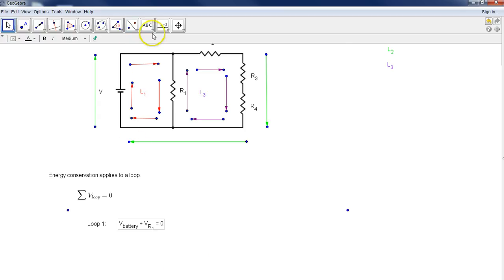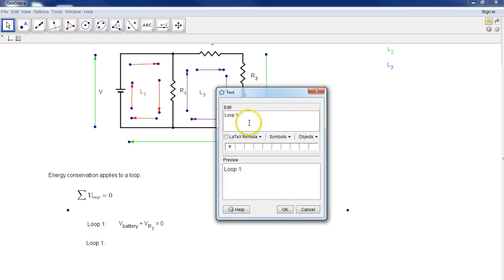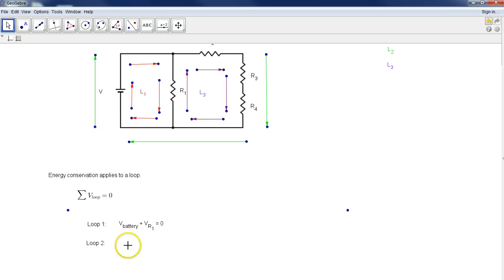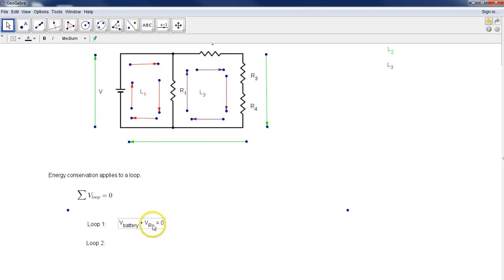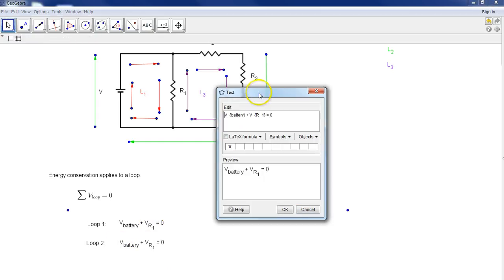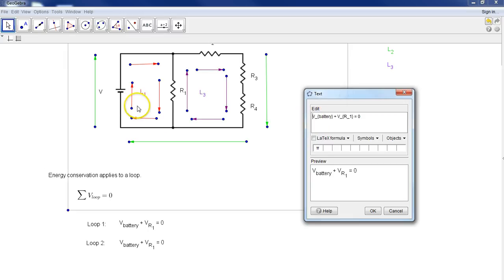So we have loop 2. In loop 2 we have the battery. So let's start with this one. Let's copy it down here. And as we pass through loop 2, we'll start with the battery.